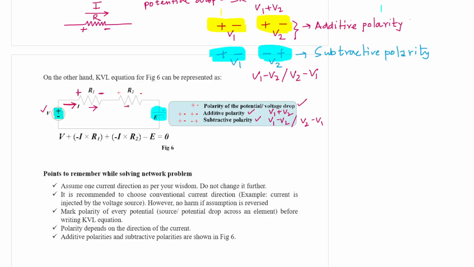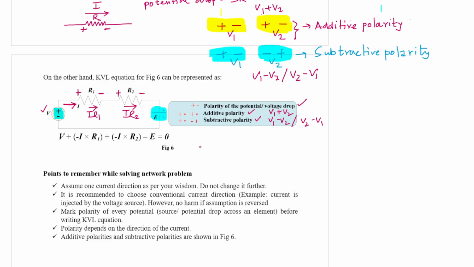Again, the same current will flow through R2, so the left hand side of R2 will be plus and the right hand side of R2 will be minus. So we have I into R1 drop and I into R2 drop. This will cause two potential drops.